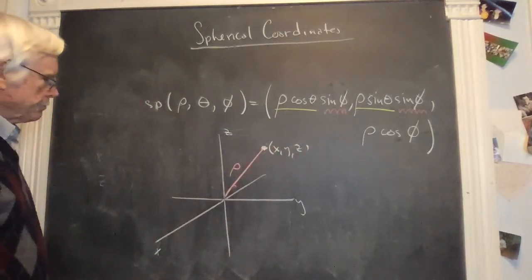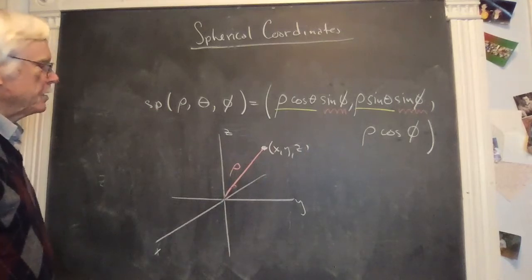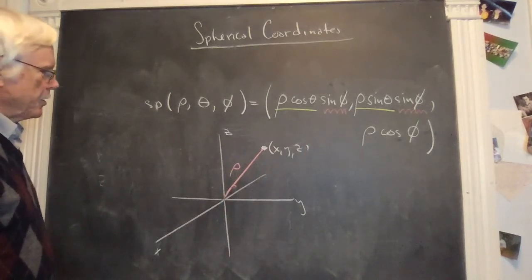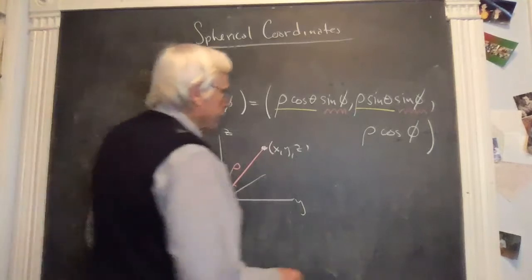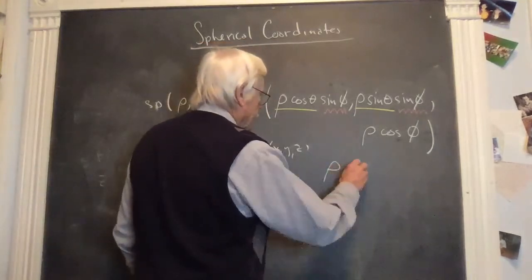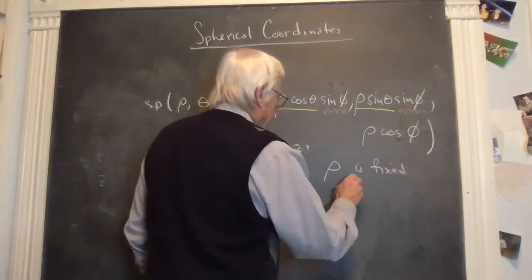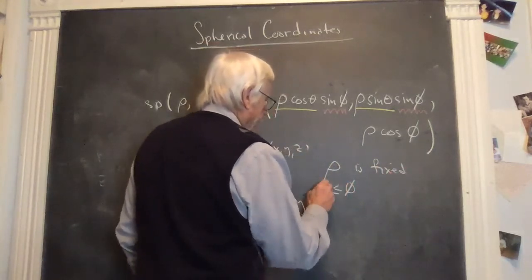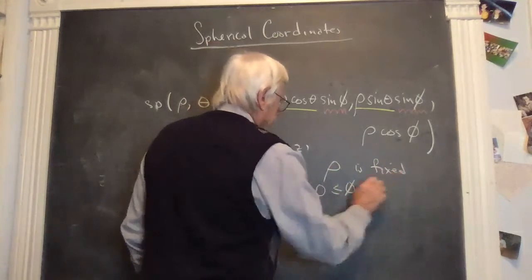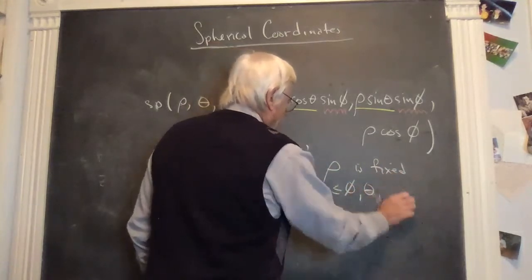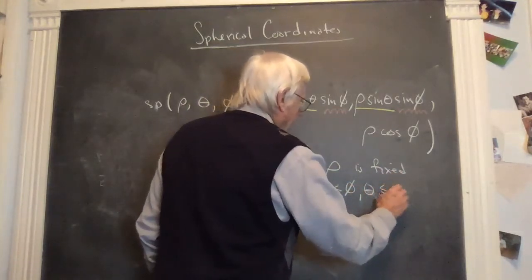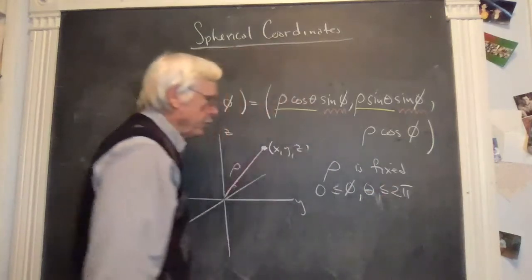So this tells you, for example, that if rho is fixed and theta and phi both go between 0 and 2 pi, full range for both.